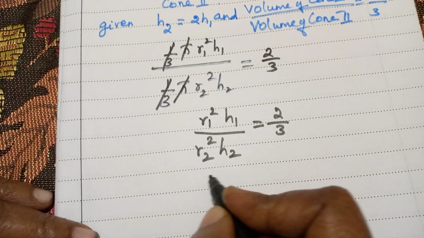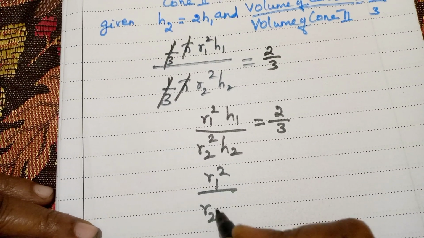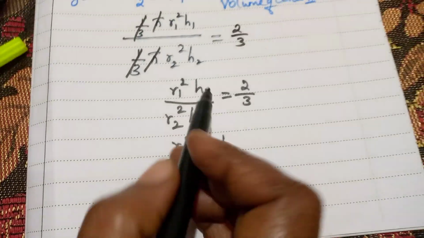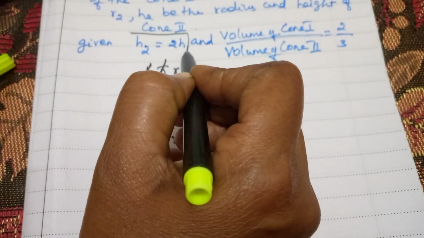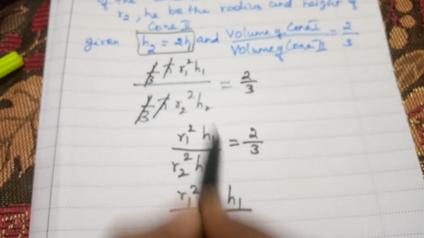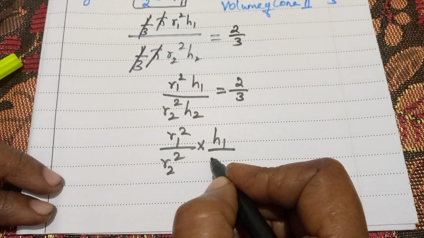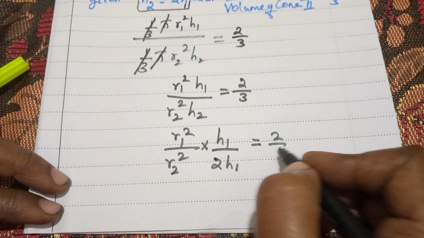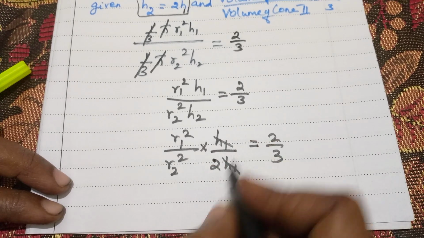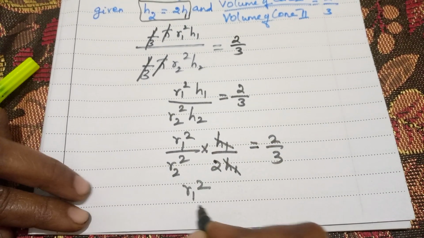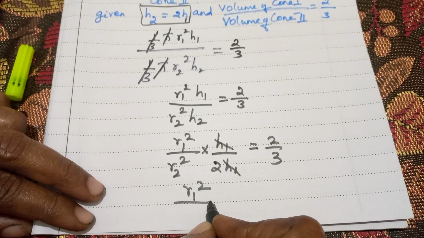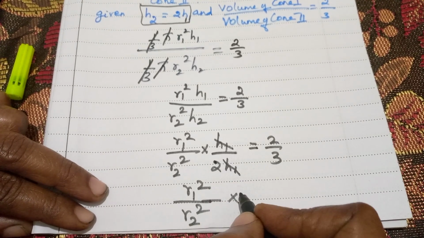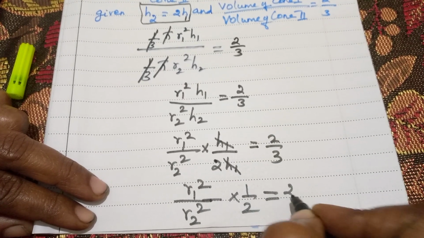Here r1 square by r2 square into h1 by h2, and h2 is given as 2h1. So in place of h2 we can use 2h1, equal to 2 by 3. From here h1 can be cancelled. So remaining r1 square by r2 square into 1 by 2 equal to 2 by 3.